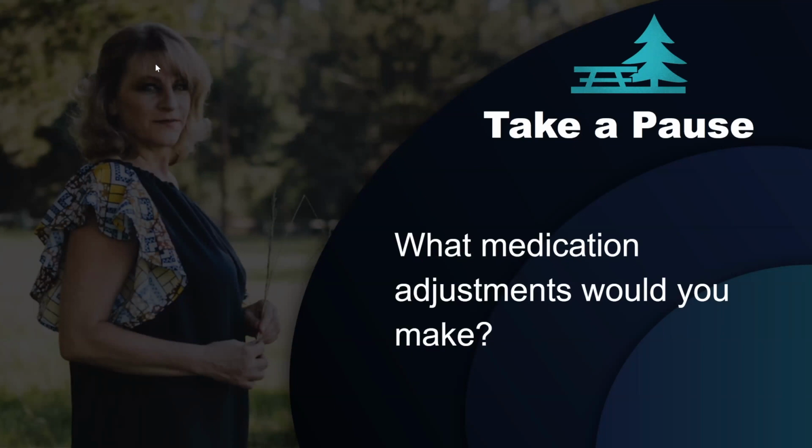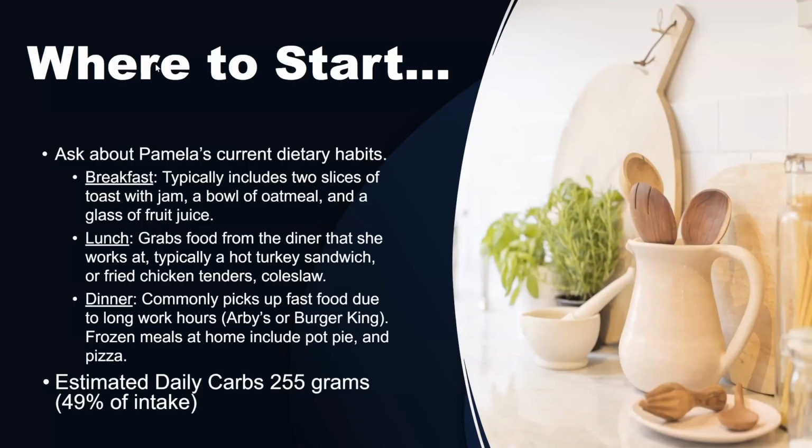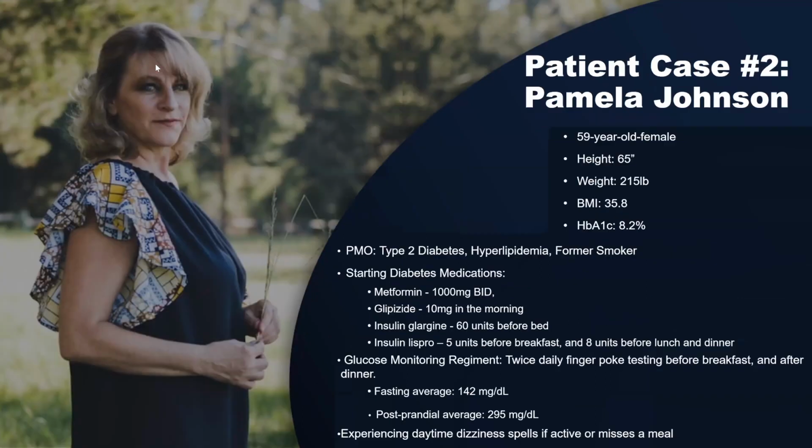Given all that we've just talked about, the dietary changes, the concerns about what's going on with her blood sugar, what medication adjustments would you make? So just as a reminder, when you're thinking about medication adjustments, remember that she is on metformin, glipizide, long-acting insulin 60 units before bedtime, and short-acting insulin 5 units before breakfast, 8 units before lunch, and before dinner.